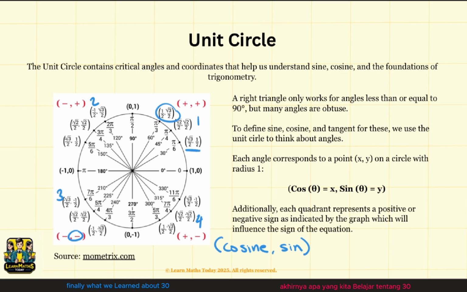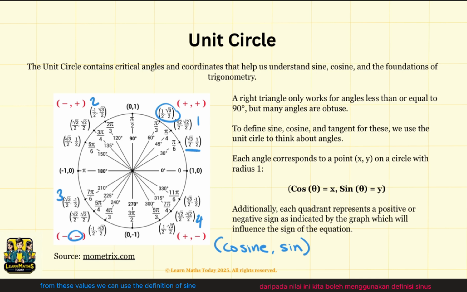Finally, what we learned about 30, 60, 90 triangles is going to be important here because you'll note that most of the angles on this unit circle that are highlighted are 60 and 30 variations. On the unit circle, because the default x is equivalent to 1, which makes the default adjacent 1, the hypotenuse 2, and the opposite root 3.